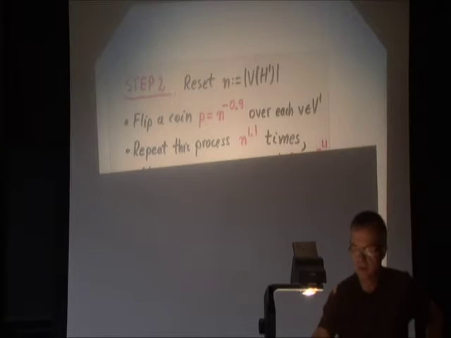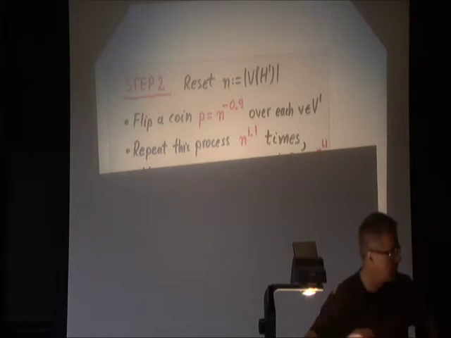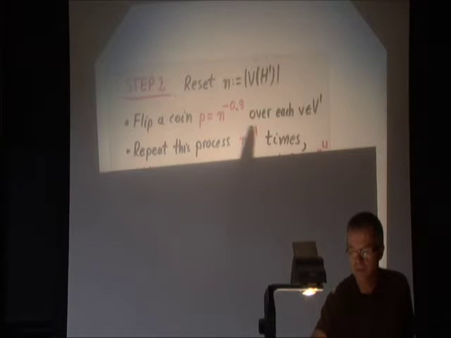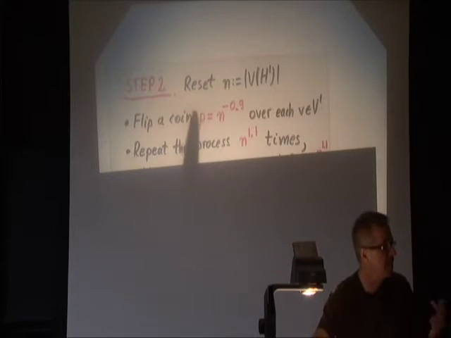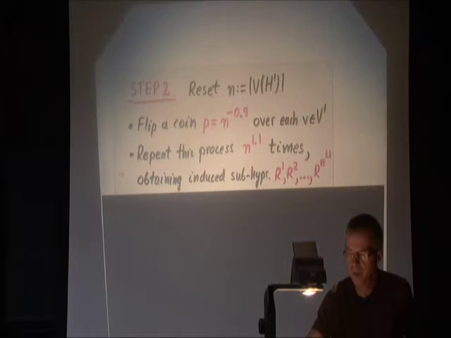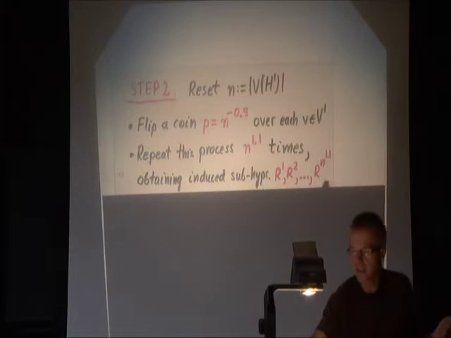And we do it not just once for every vertex, but n to the power 1.1 times. So we have that many rounds, and in every round, we flip a coin over every vertex and select a subset of vertices. We select so many subsets of vertices, R1, R2, up to R with index n to the 1.1. So we get lots and lots of induced sub-hypergraphs on these randomly selected sets of vertices.